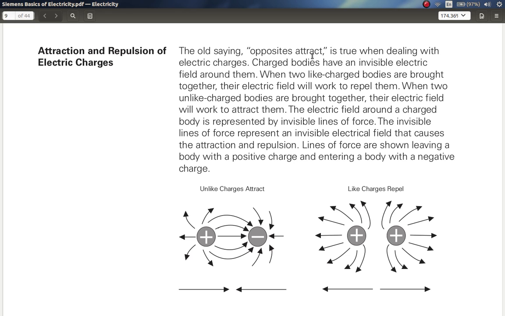So what that means, if you bring two like charges, that means two positive charges or two negative charges, they will repel. Two objects, each of them positively charged, will repel each other. Objects, each of them negatively charged, will repel each other.